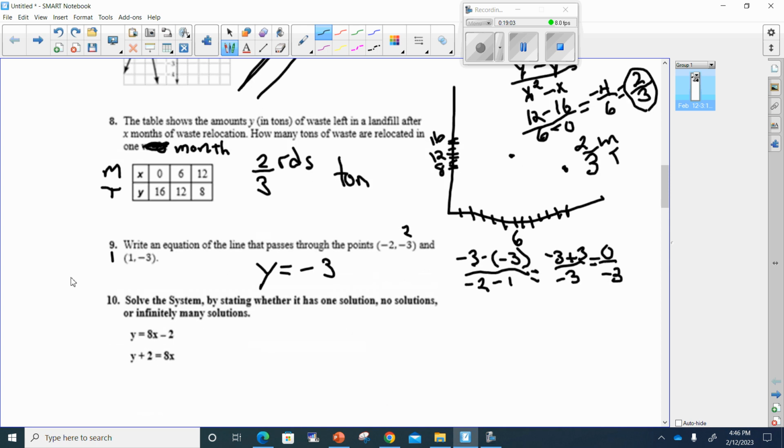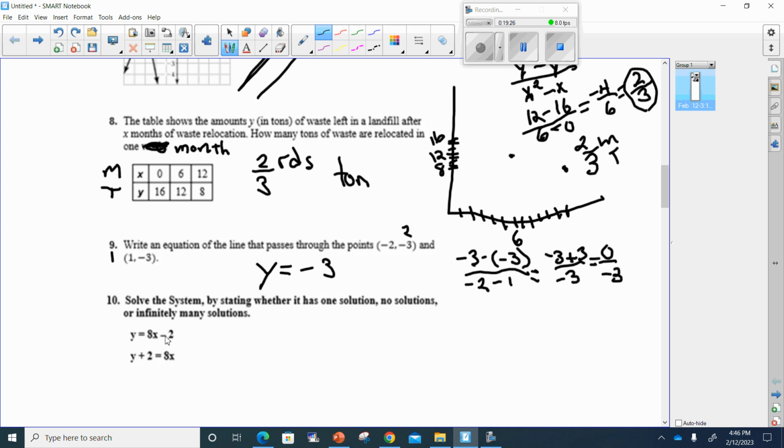Number 10, solve the system by stating whether it has one solution, no solutions, or infinitely many solutions. Let's look at this and see. We can go ahead and put these equal to each other again. But first, let's go ahead and put these in the right format.